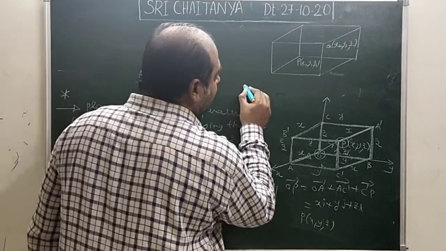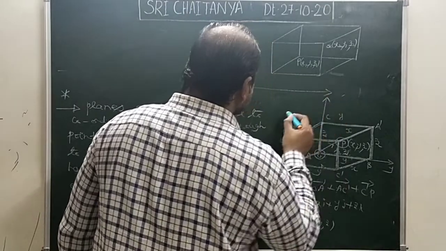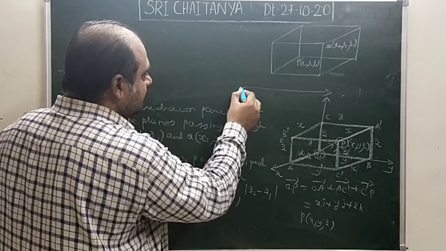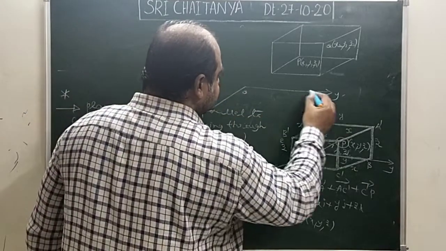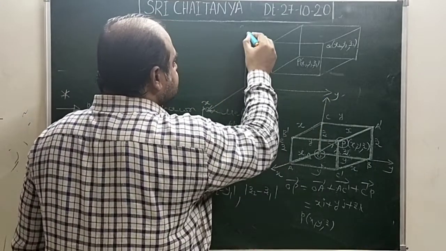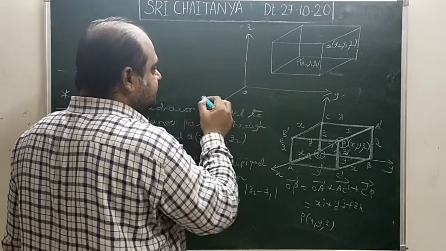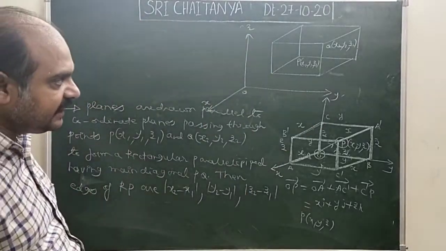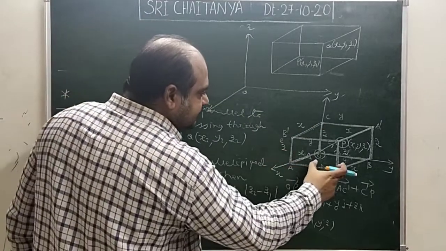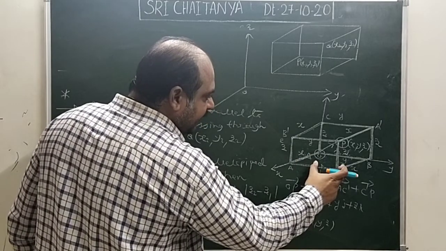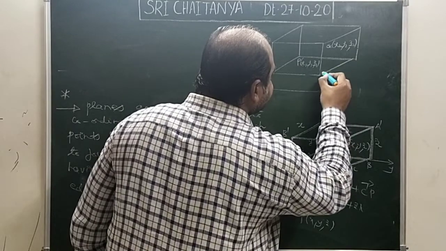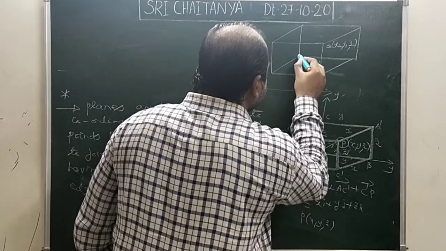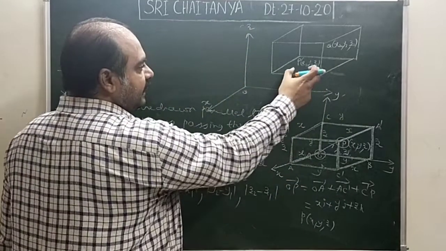Now these planes are parallel to the coordinate planes. Look at, the coordinate axes are like this. This is OX, this is OY, this is OZ. Now this was the XY plane in the previous parallelepiped. Now this face is parallel to the XY plane, not the XY plane.